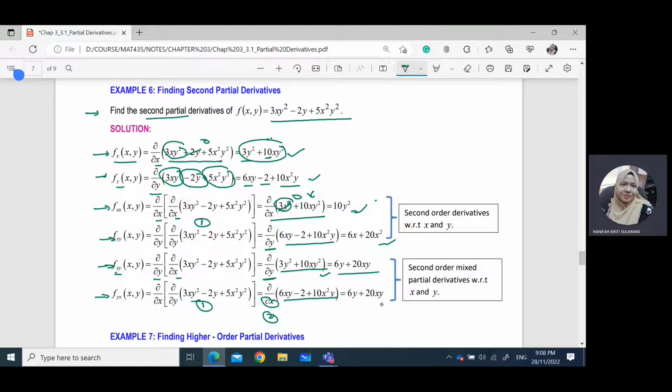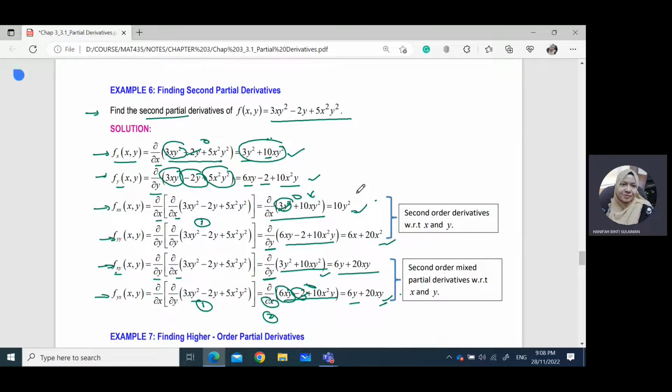So here we have this answer. Okay, so differentiate with respect to x on 6xy, we have 6y. Differentiate with respect to x on negative 2, we have 0. And differentiate with respect to x on 10x squared y, we have 20xy. So we have this answer.